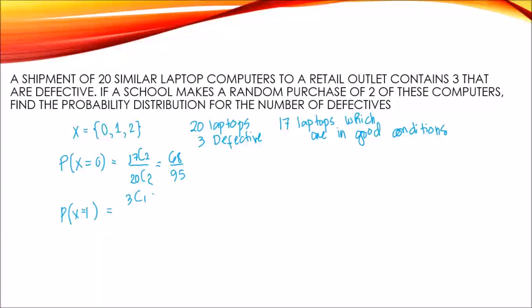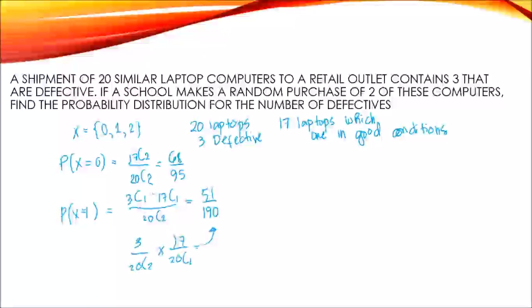We can only get 1, right? That is 17 combination of 1. Okay, that is over the total combination, 20 combination of 2. That is equivalent to 51 over 190.